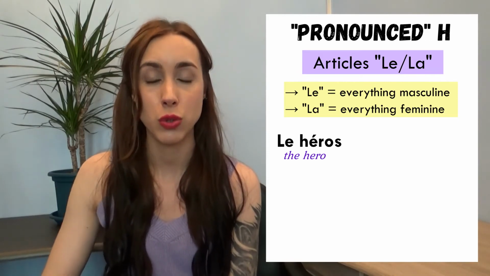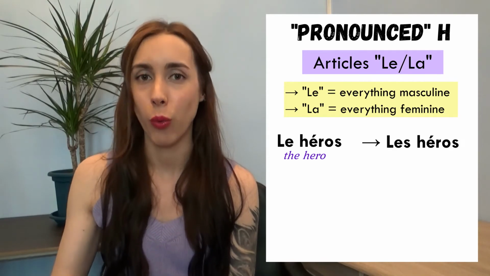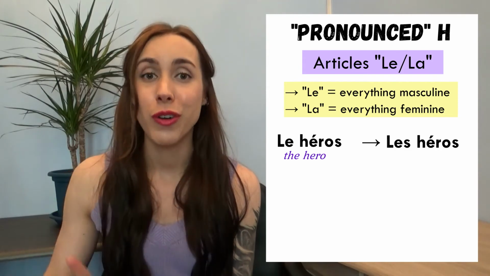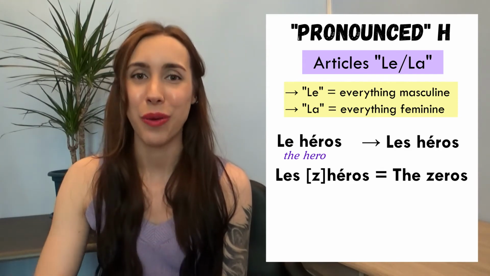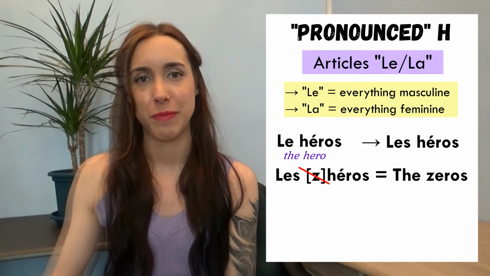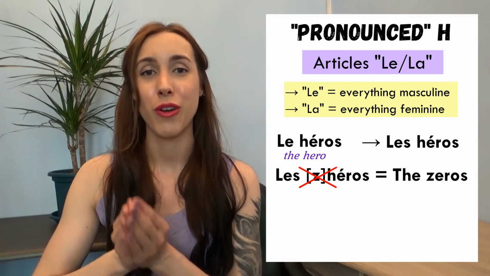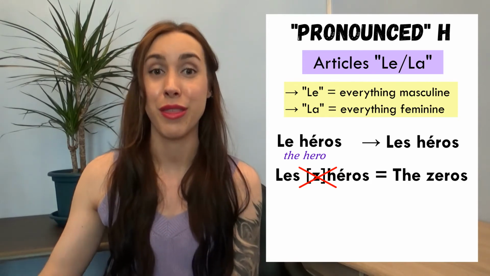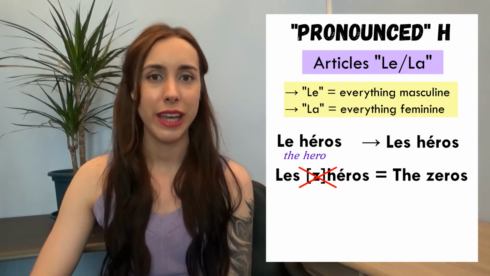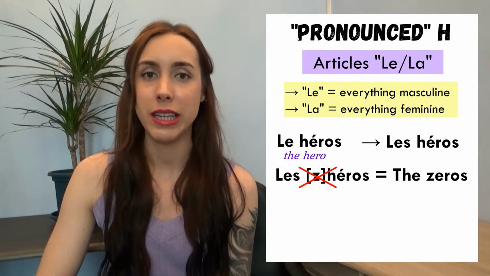I'm going to say les héros, les héros. I'm not going to say les zéros, because if I say that, it means the zeros, and the meaning is completely different. I want to talk about a hero here, not about zero. Le héros, les héros. Here I do not make any liaison.